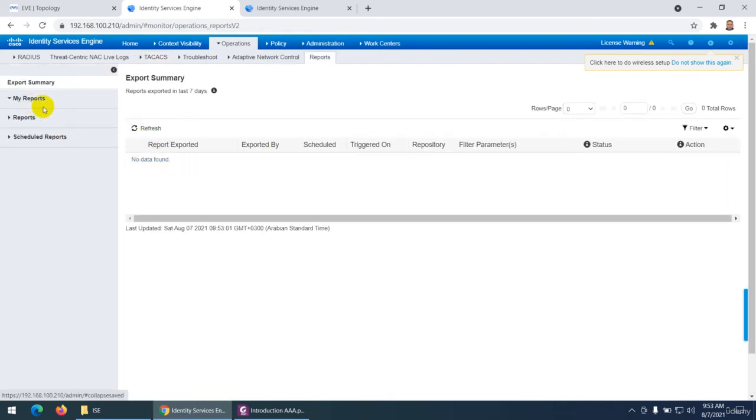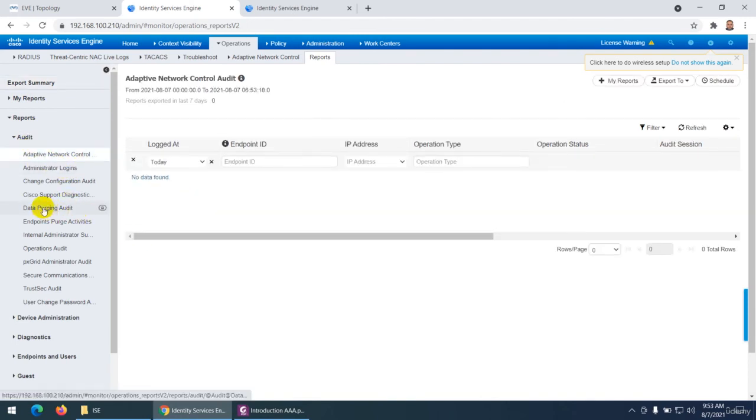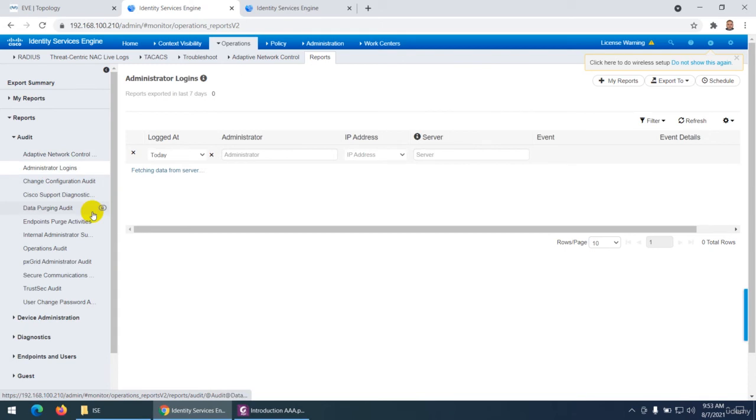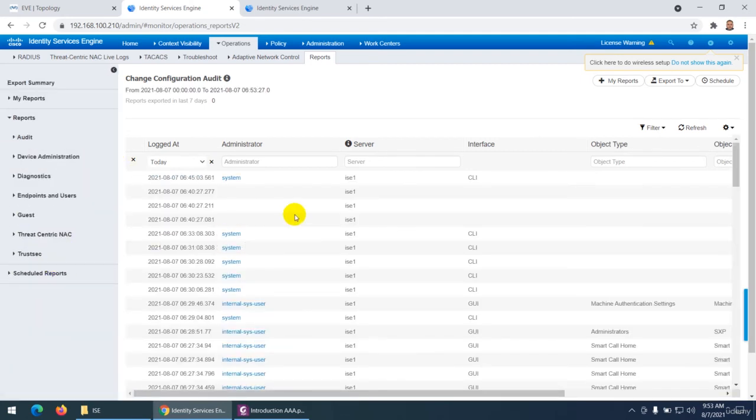It will show you the reports, whatever user access, whether administrator or any other person accessing the device. So those reports you can find out here, like an audit, administrator login. These are the detail, a lot of detail, device administration related.